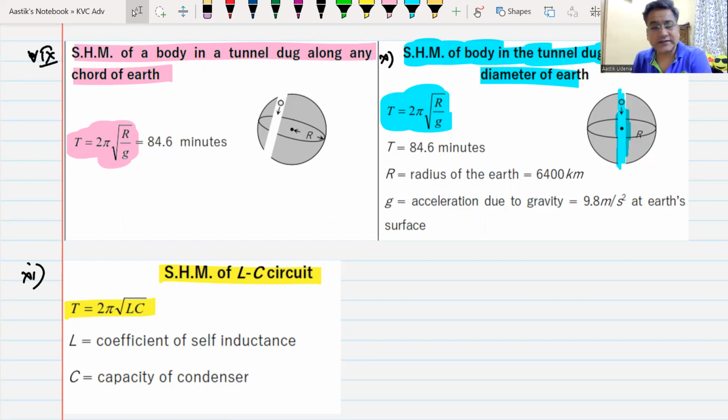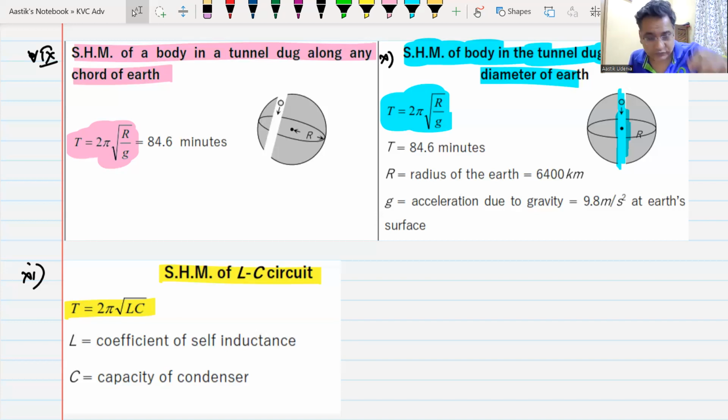In most of the cases that we have seen, the motion remains SHM only when the distance or amplitude is small. In these two cases, case number 9 and case number 10, throughout the motion, the motion is simple harmonic throughout the diameter of the earth.